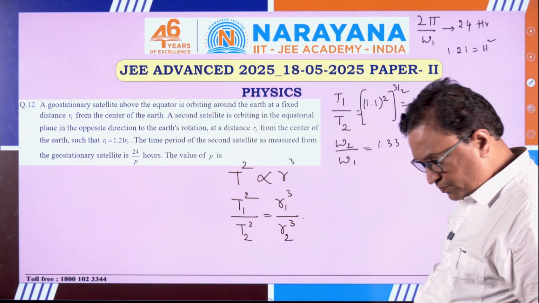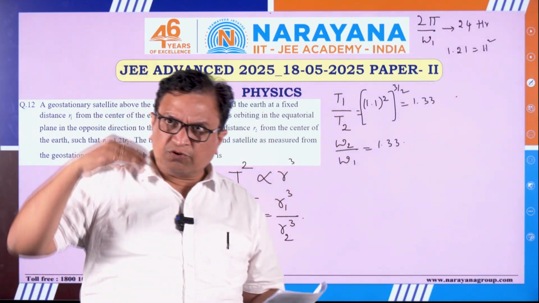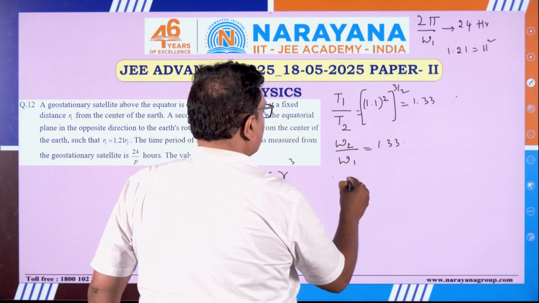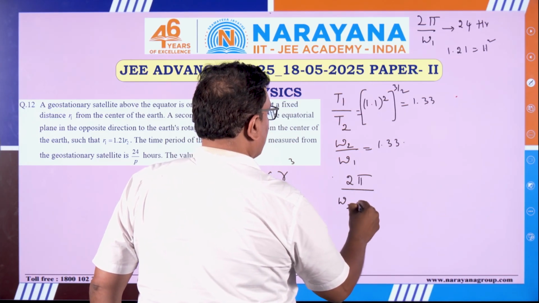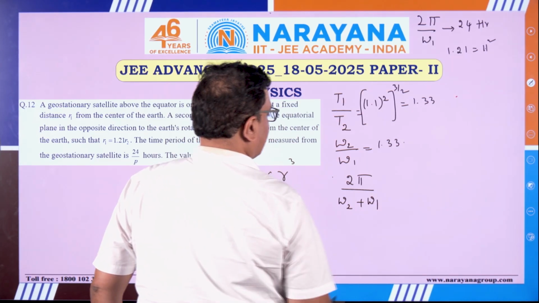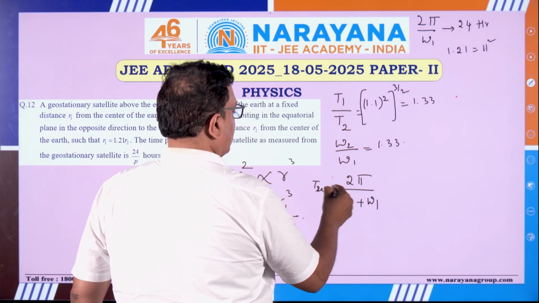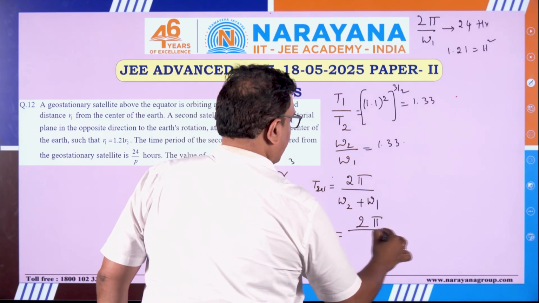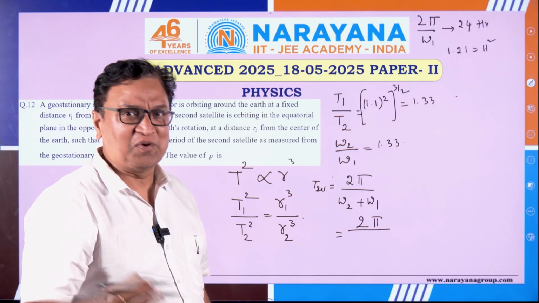Hold on. What do you want? Time period of 2 with respect to 1. What you want is 2 pi by omega relative. Since they are moving in opposite direction, you will write it like this. T relative is 2 pi by, you got a relation, no? Omega 2 is 1.33 omega 1.